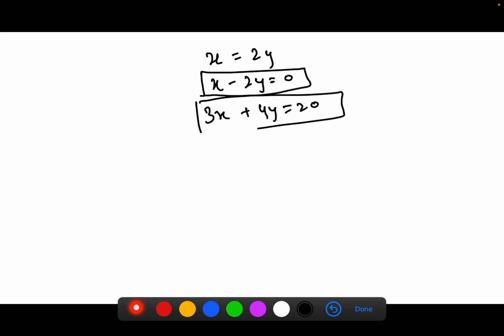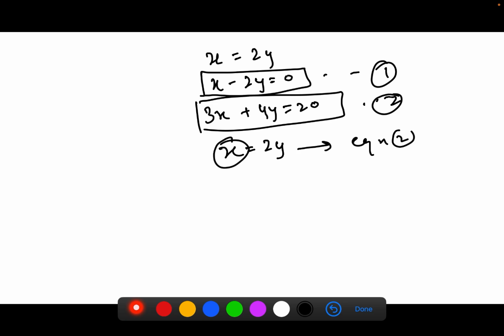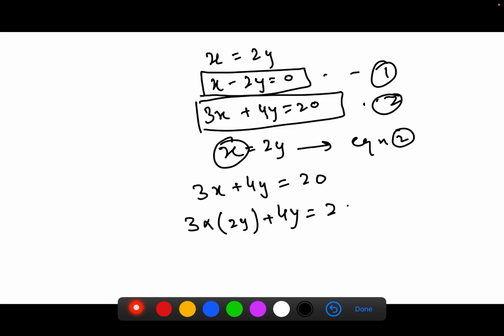Putting x as 2y, 6y plus 4y is equal to 20.